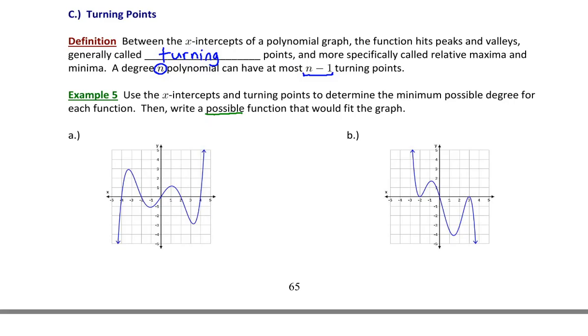So clearly we're dealing with a polynomial function here because it's smooth and continuous. There's no sharp turns, cusps, or breaks. And the degree of the polynomial function is related to the number of x-intercepts and turning points the polynomial has. So in this case, we have 1, 2, 3, 4, 5 x-intercepts.